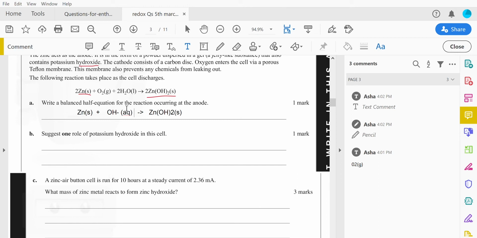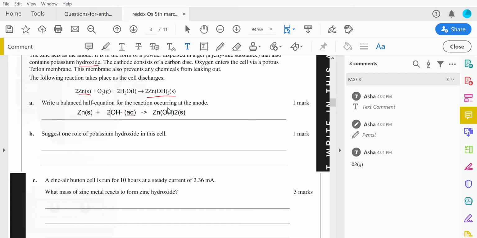Now, looking at this, it's at the anode. That means it's going to be oxidation. So I'm going to need some electrons in there, and also I need to make sure it's balanced. So, first of all, is this hydroxide here balanced? Well, no, I've got two of them. So I need two here. So I've got my zinc, my two hydroxide ions, and my zinc hydroxide.